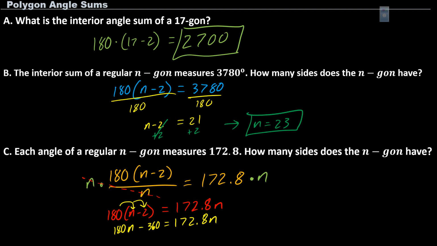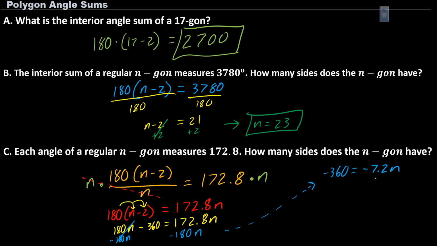Now I need to get the n's to one side. So I'm going to subtract 180n on over to the other side. And this gives us negative 360 is equal to negative 7.2n.